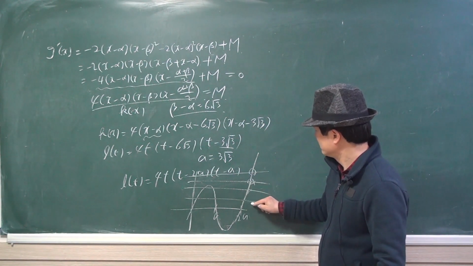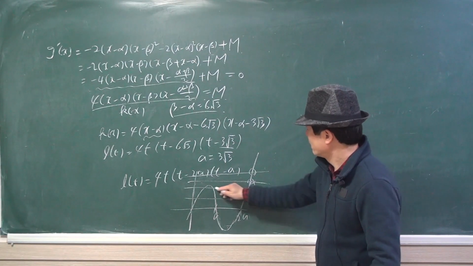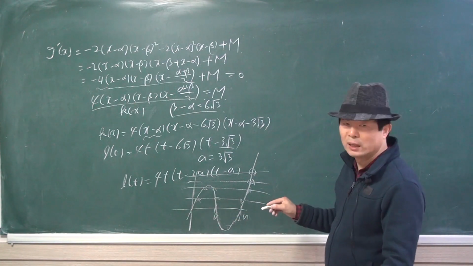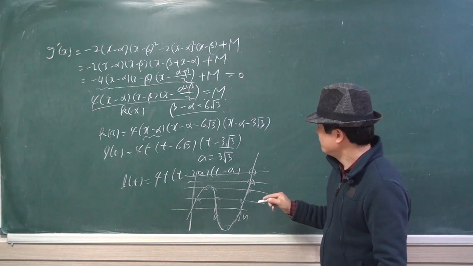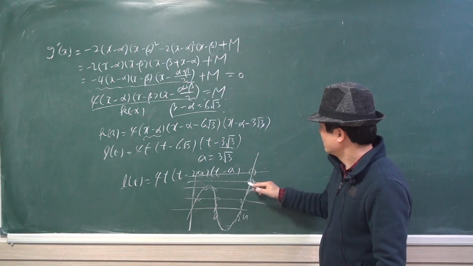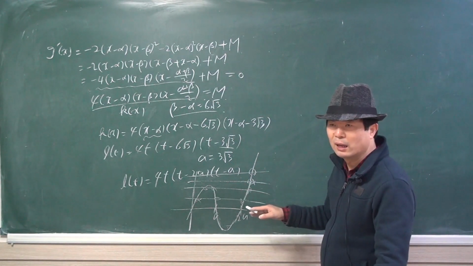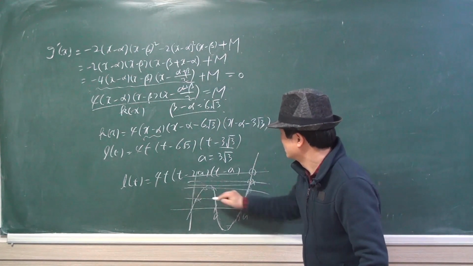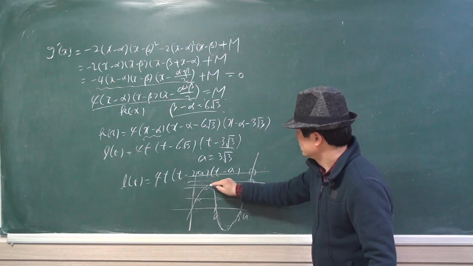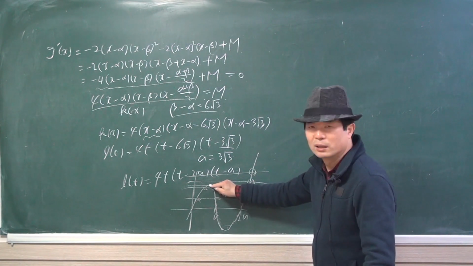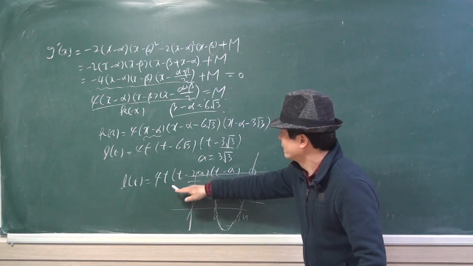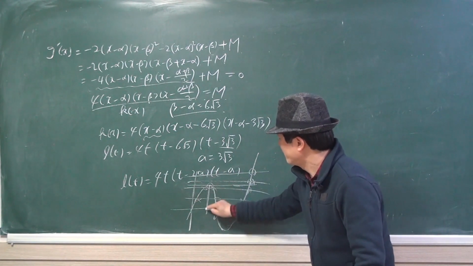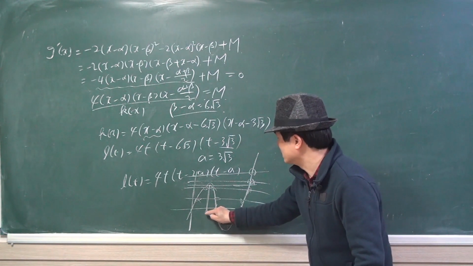From this value, there are 3 solutions, and the limit it can have only one solution is this value, when m is the local maximum value of L(t). So we again find out what this value is.